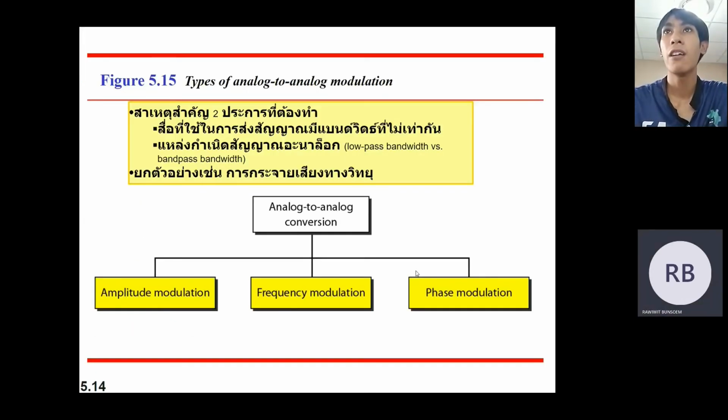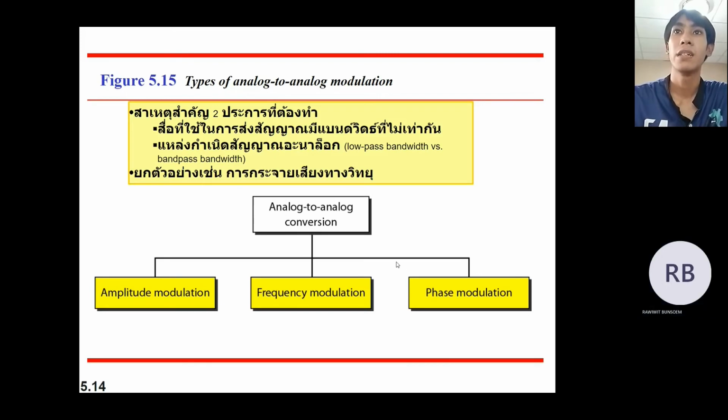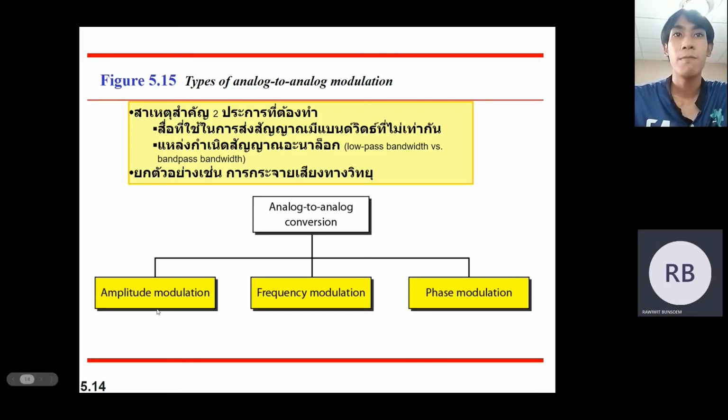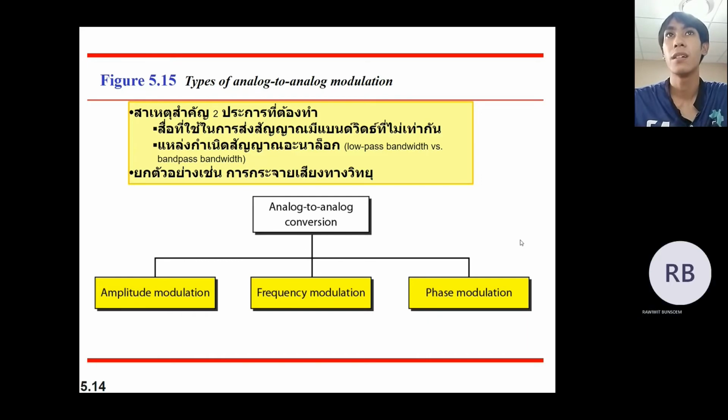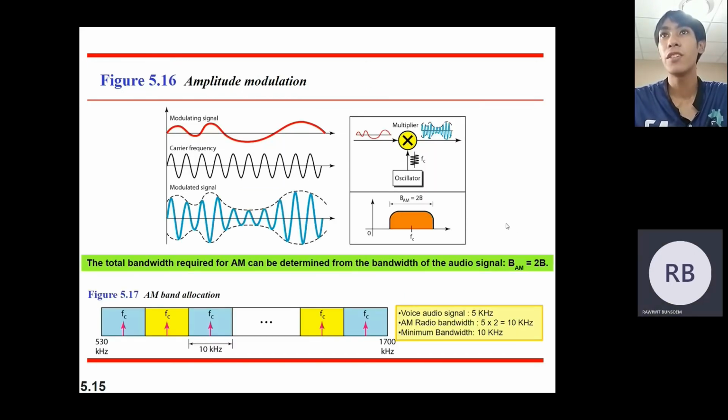Types of analog to analog modulation are: 1. amplitude modulation, 2. frequency modulation, and 3. phase modulation. The next, amplitude modulation. The total bandwidth required for AM can be determined from the bandwidth of the audio signal as B AM equal to 2B.